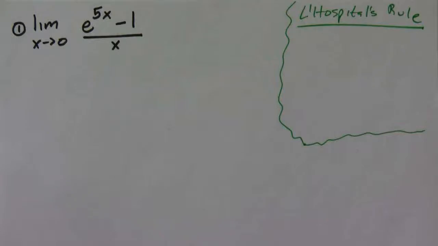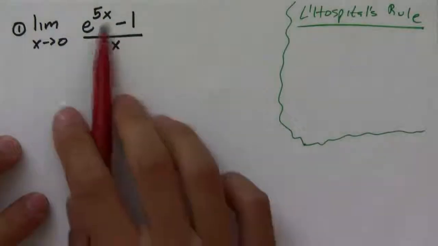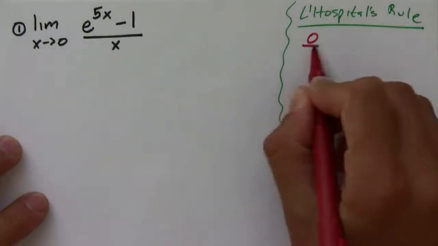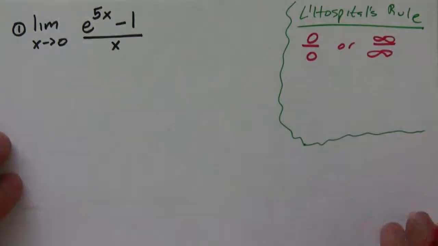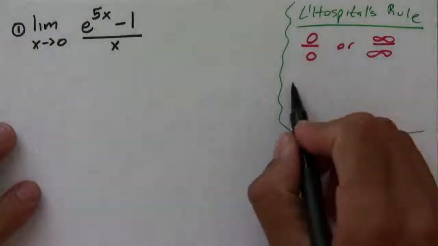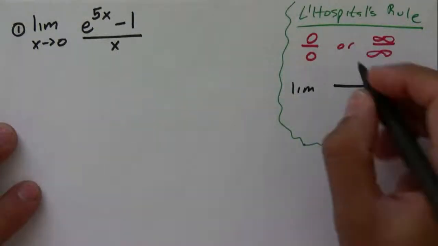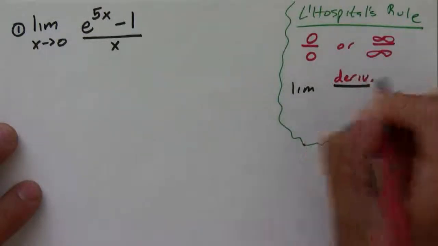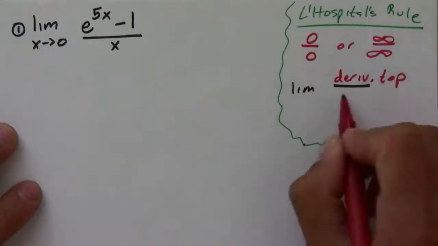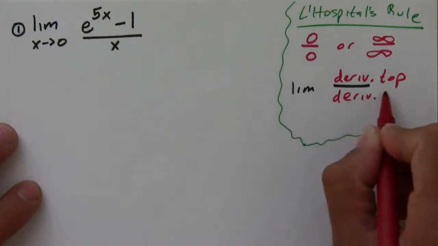And so the idea behind L'Hopital's rule is that if you have a limit of the form 0 over 0 or infinity over infinity, well, what you can do is get the limit of the derivative of the top over the derivative of the bottom.